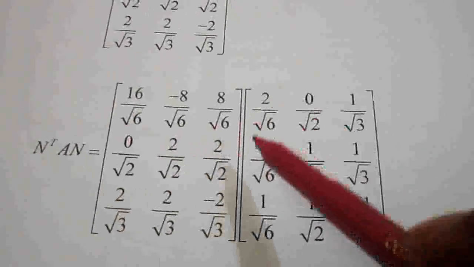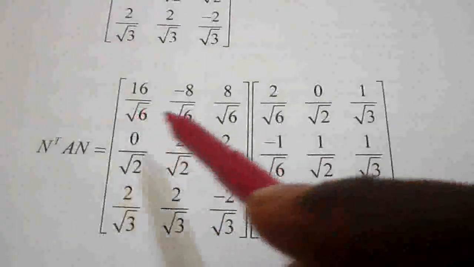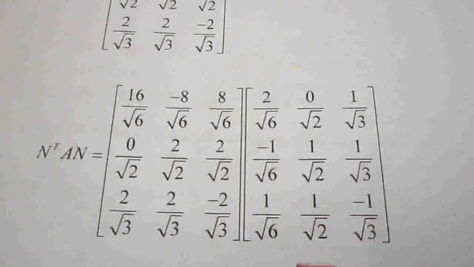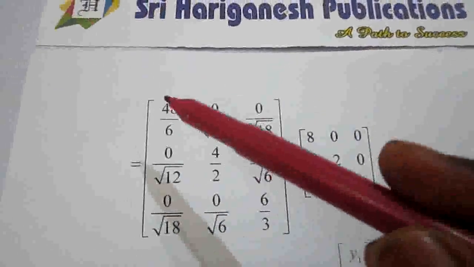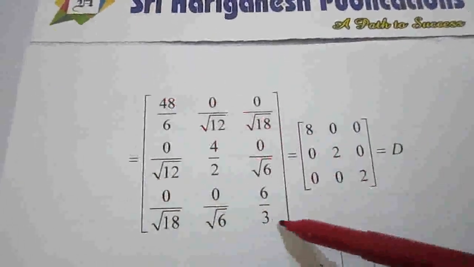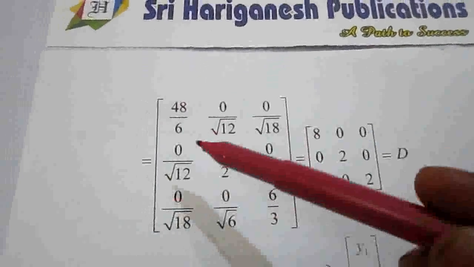The first row multiplied with the first column gives 48 by 6. The first row multiplied with the second column gives 0. So obviously we will get values only on the diagonal, and the other elements are 0.